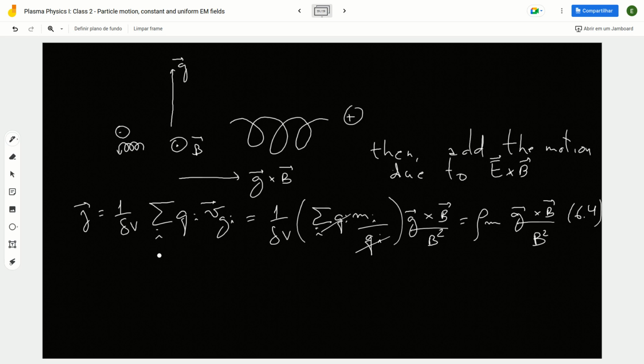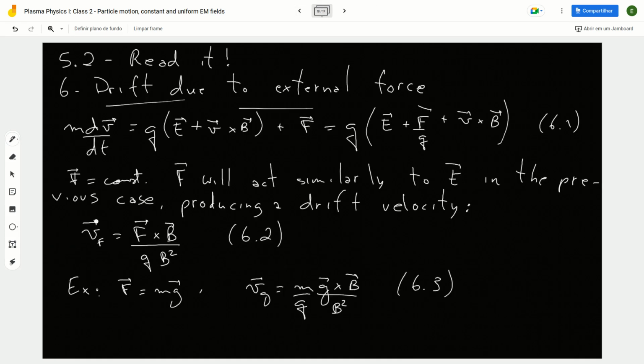Now, we have the modulus of V. We're talking about Vf, the modulus of Vf is the perpendicular component of F. Why the perpendicular? Oh, okay, yeah, because this is just right.